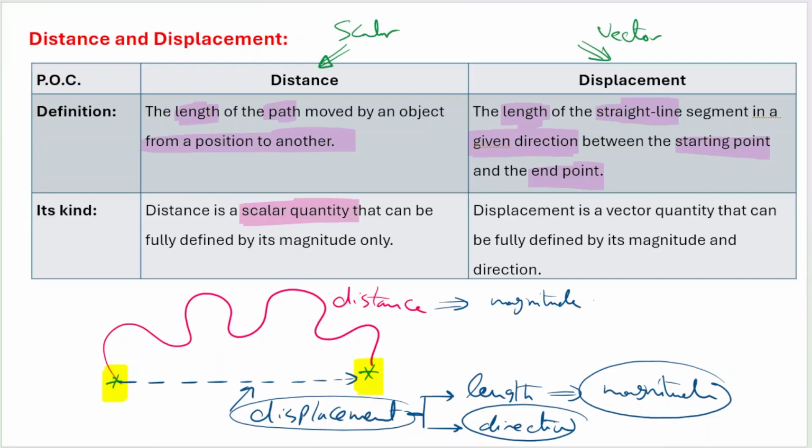Distance is a scalar physical quantity because it has magnitude only. But displacement is a vector physical quantity because it is fully defined by knowing its magnitude and direction. We need both. So displacement is a vector, but distance is a scalar.